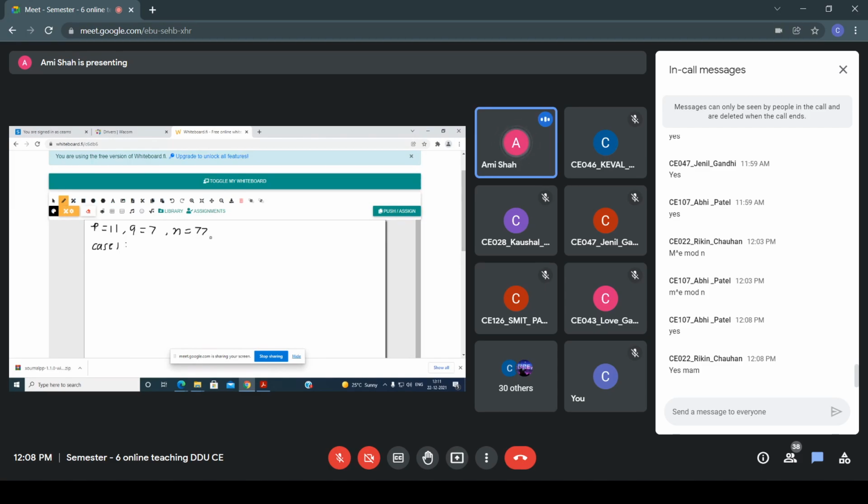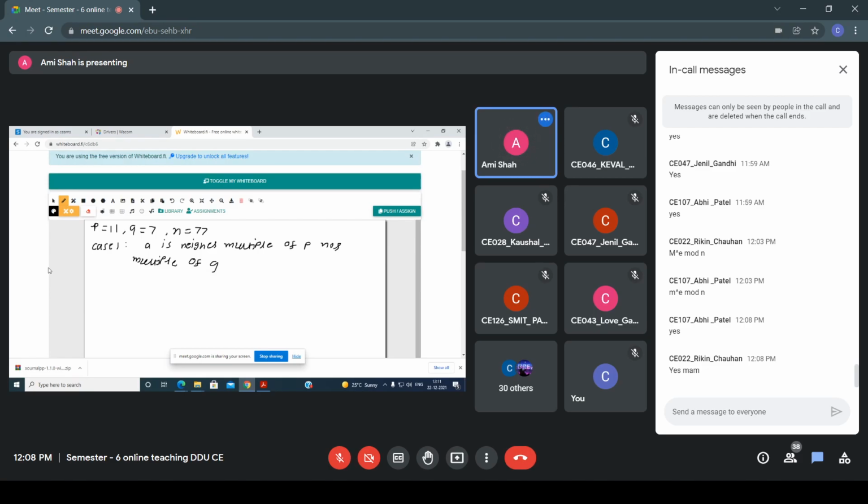So what is case number 1? A is neither a multiple of P nor a multiple of Q. Now all of you know that if A is neither a multiple of P nor a multiple of Q, then A and N are co-prime.